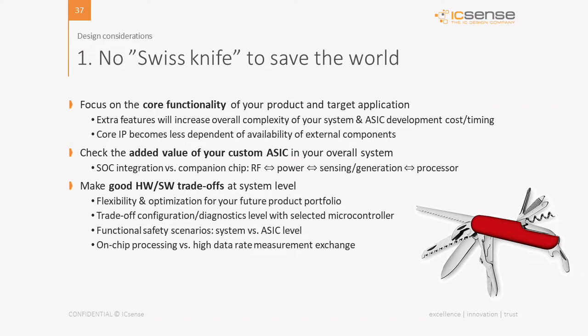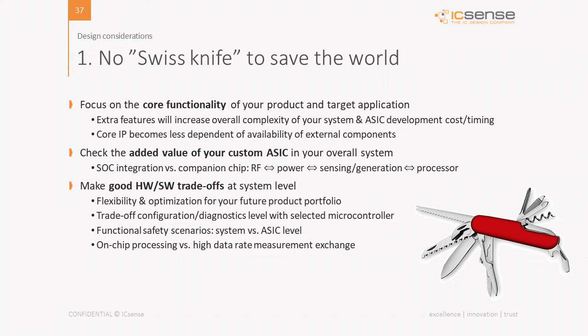A third remark is to make good hardware-software trade-offs at system level. On one hand, introducing flexibility and optimization can be important to target your whole product portfolio with one ASIC, but keep in mind that sufficient flexibility must be integrated. On the other hand, make good trade-offs between configuration and the diagnostics with the selected microcontroller.